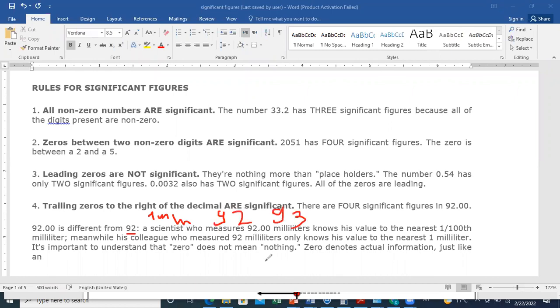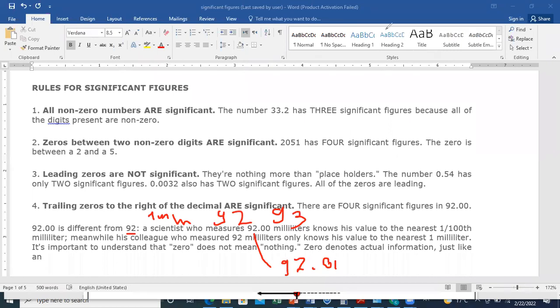However, here I can read 92.01 millimeters, 92.02, etc. So it's important to understand that zero does not mean nothing. It can give you information about the accuracy of measurements.